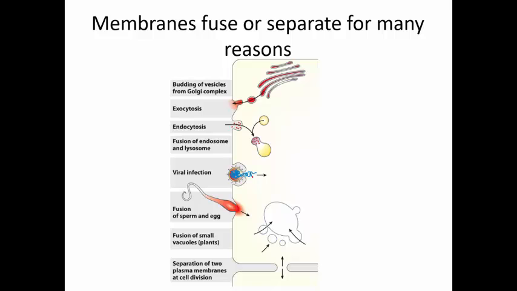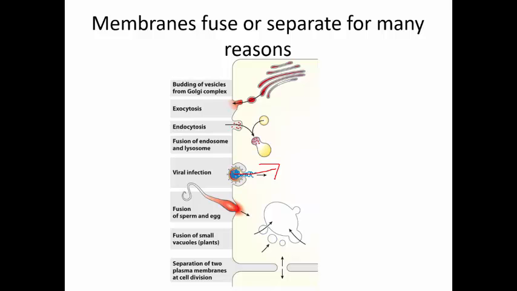This also can happen between different types of organisms or different types of cells. So one situation is viral infection. So in order for a viral particle to infect a cell, the virus, which has a membrane around it, is first going to have to fuse its membrane with the cell membrane, and then it can essentially inject its viral material into the cell. So that's probably something we generally don't want happening, right?